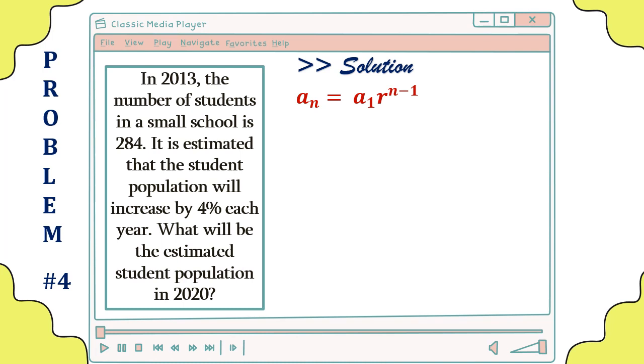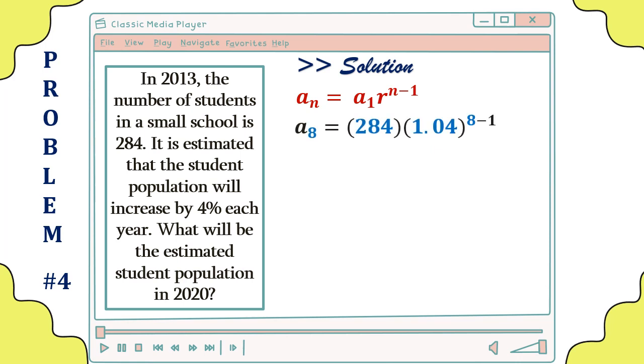How many terms is being described here in the problem? Starting from 2013 up to 2020, we can again use the upper limit minus lower limit plus 1, or 2020 minus 2013 plus 1. So we would have n equal to 8.